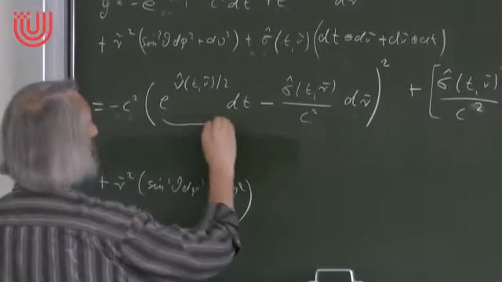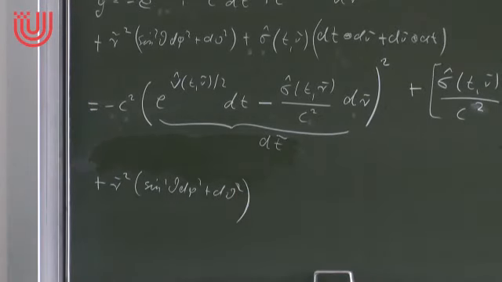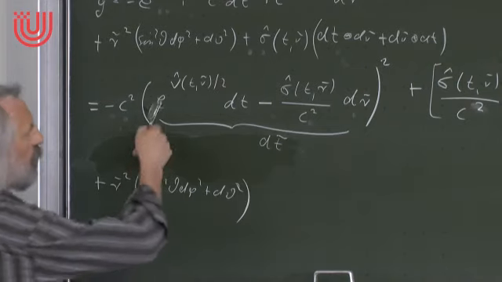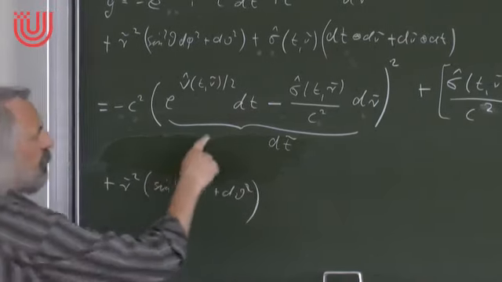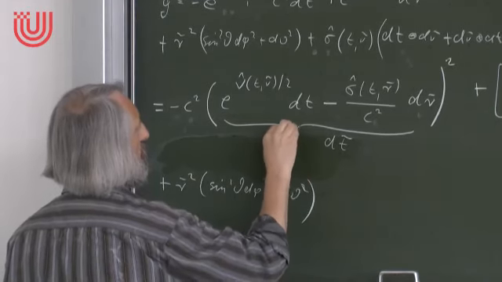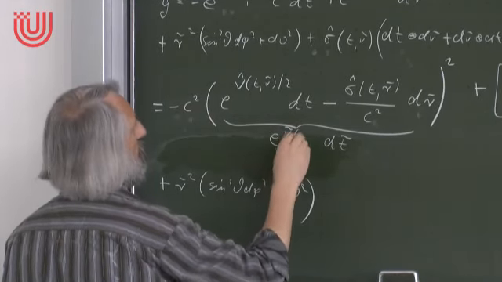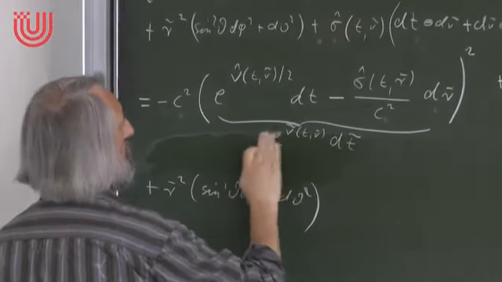We can call this here, where we cannot call it dt tilde, because in general, this term will not do us the favor of being the differential of something. So it will not be possible to write it in this way. But if we allow for an integrating factor, then it does work. So let's write this e to the nu tilde and the 1/2.